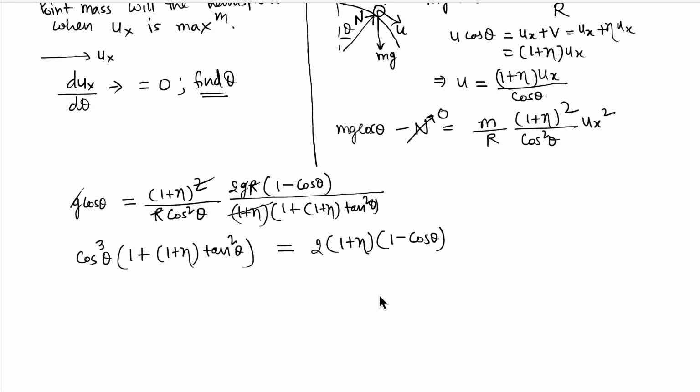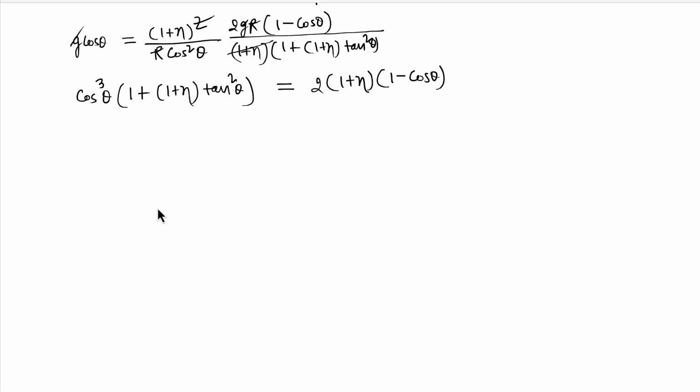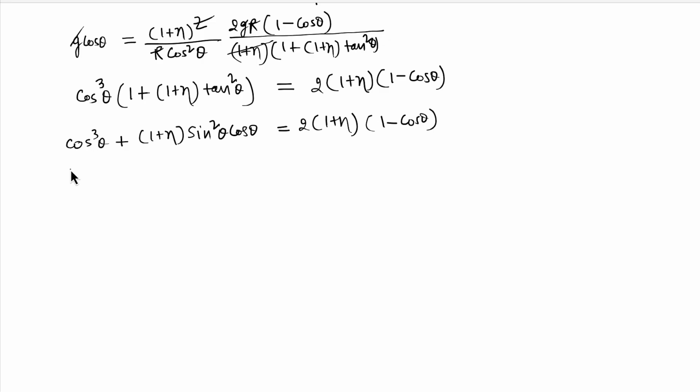Okay, so it's just a matter of simplifying this equation now. So we can write this cos cube theta plus (1 plus eta), and we can write this sin square theta by cos square theta into cos cube theta. So we can simply write sin square theta cos theta and 2(1 plus eta)(1 minus cos theta). Now let's simplify it further.